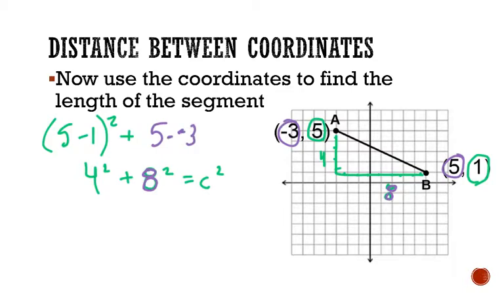So 5 subtracting negative 3, and then that would be an 8 that we'll end up squaring. So ultimately what we've done is subtracted the highest and the lowest values, and then also the leftmost and the rightmost values, and that's how we would have got 4 and 8. Again, we did initially get them by counting, but now we can actually get them by subtracting.